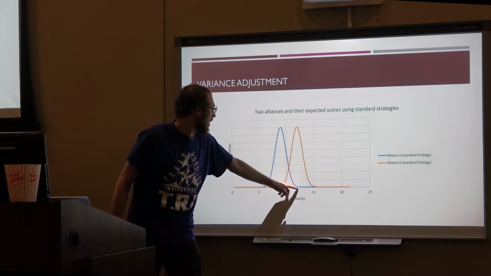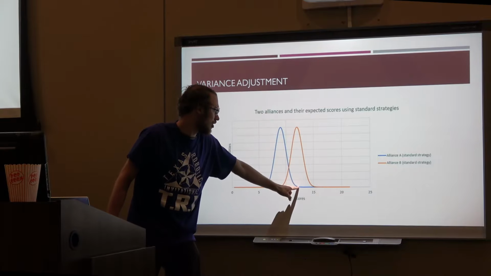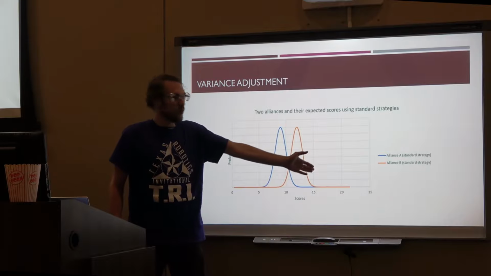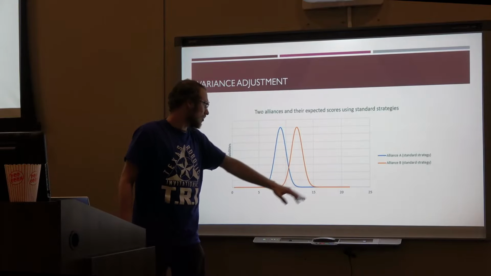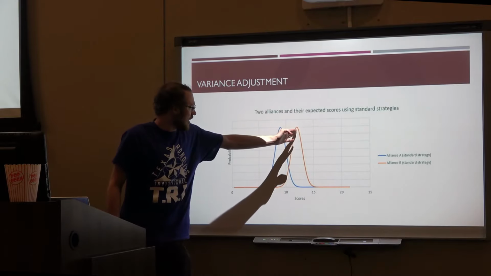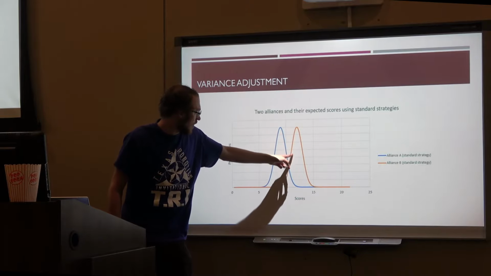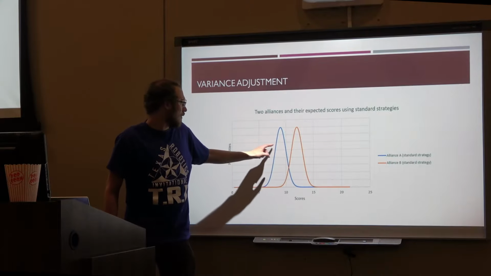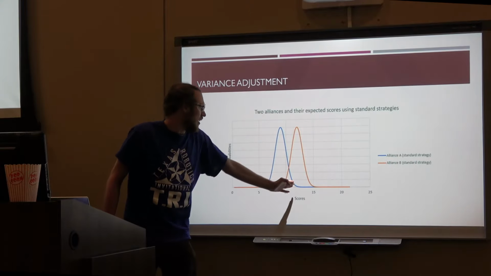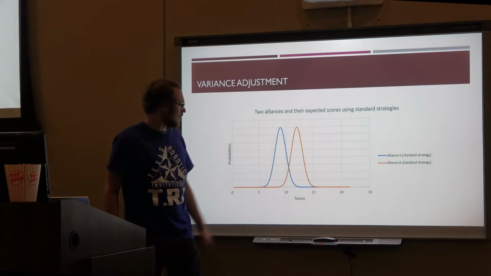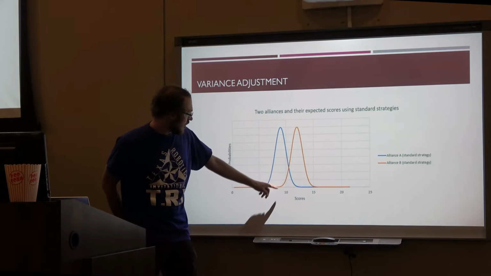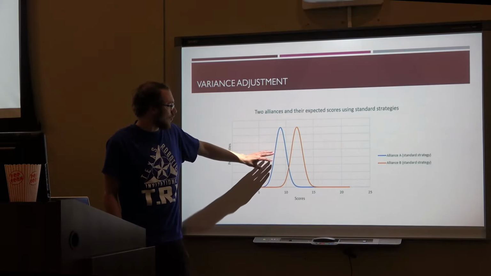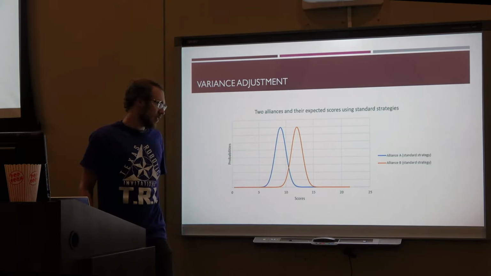If they score just their average or higher, that's 50% of the time they just win, because the other alliance can't even score that much. And even if they score a little bit below their average, you still have to have the opposing alliance scoring near their max value to win the match. So this overlap here roughly represents how frequently Alliance A can beat Alliance B.